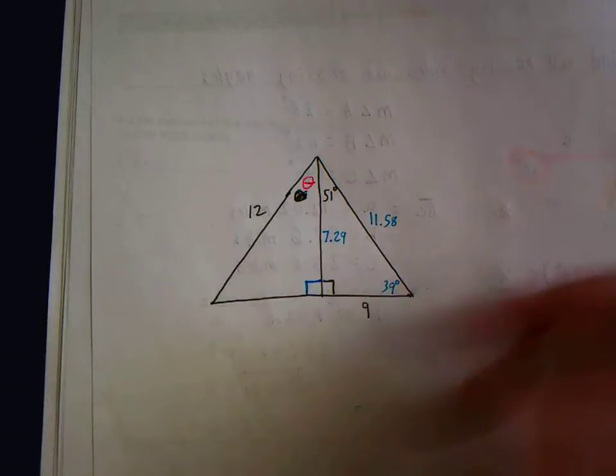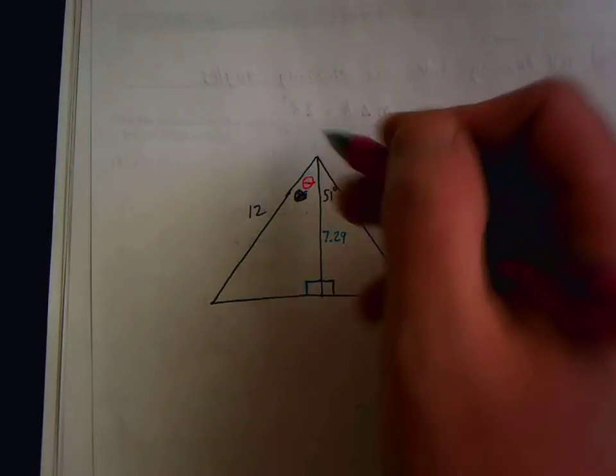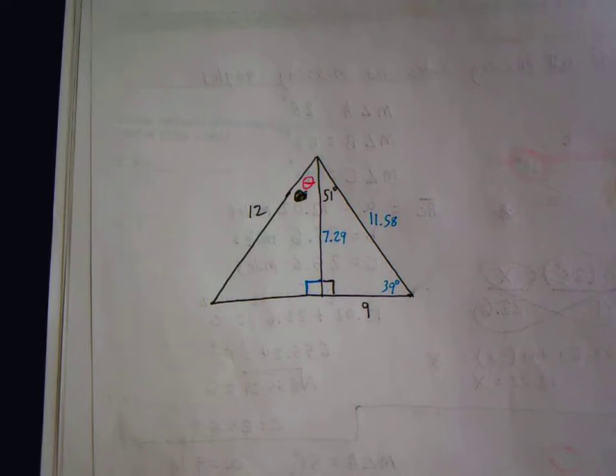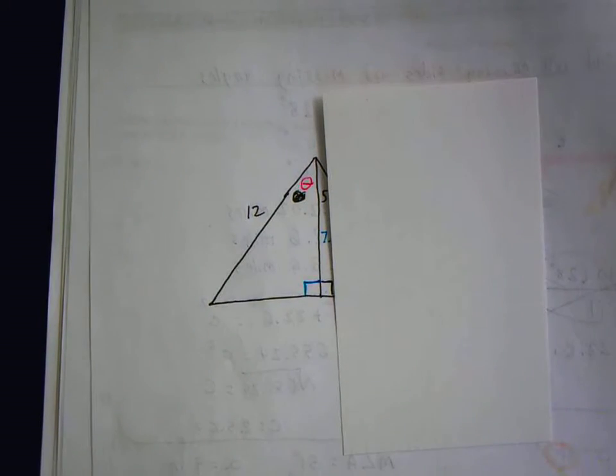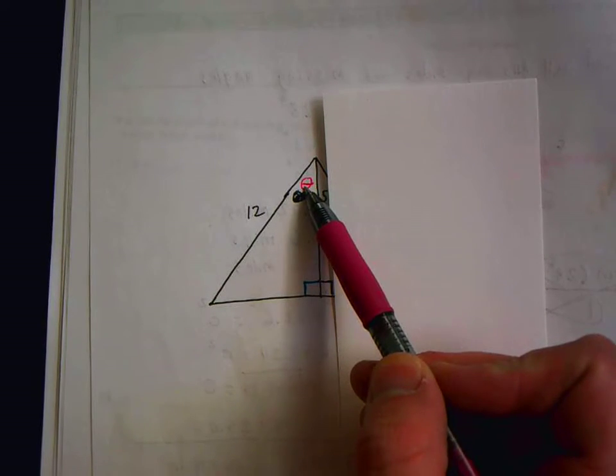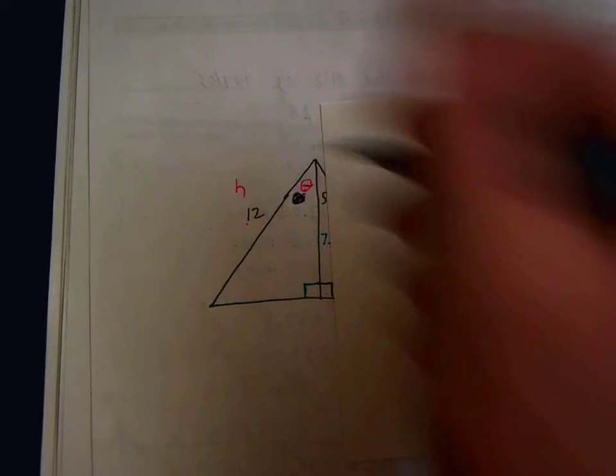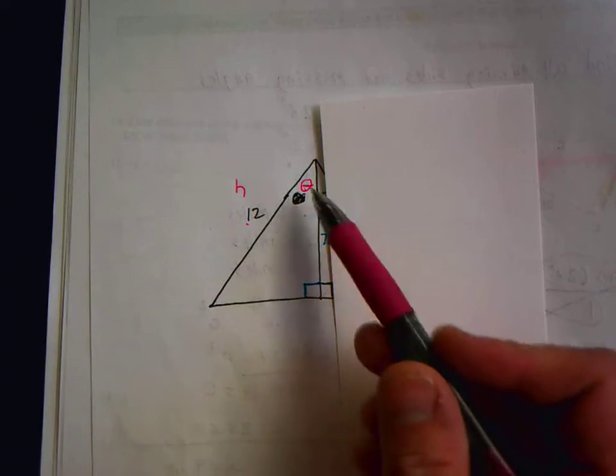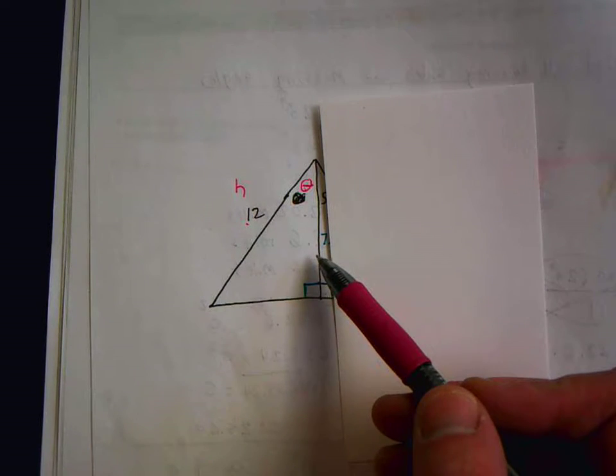This is the right triangle. I can use SOHCAHTOA. Again, I'm getting kind of confused, so I'm going to cover that up. So, in reference to this angle, 12 is H. And do you want to find O or A first? Your choice.